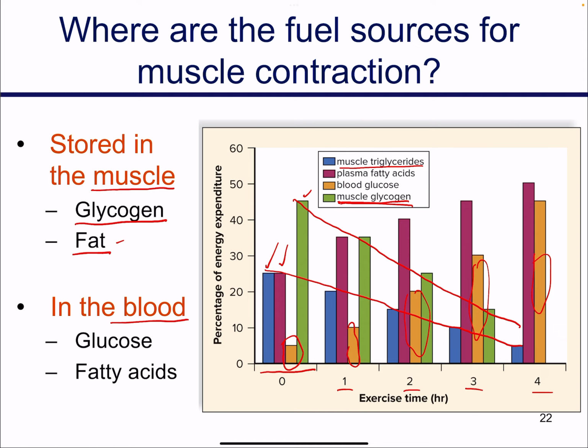But now, as we focus on what is happening in the blood, we notice that as time goes and we keep exercising, we are using more and more of the sugar that is in the blood. That's one. Two, we are also using more and more of the lipids that are in the blood.